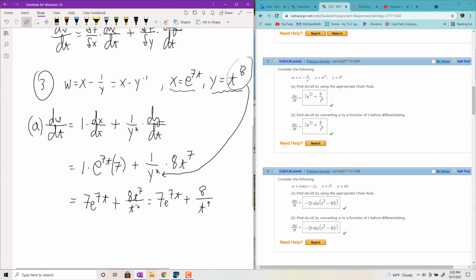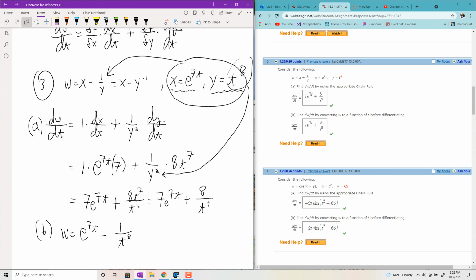In part B, they want you to substitute this material into here and then take the derivative with respect to t. So our new w is e to the 7t minus 1 over t to the 8th, which I'm going to rewrite as e to the 7t minus t to the negative 8.